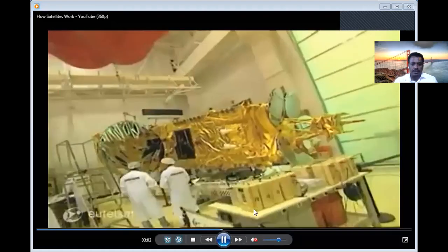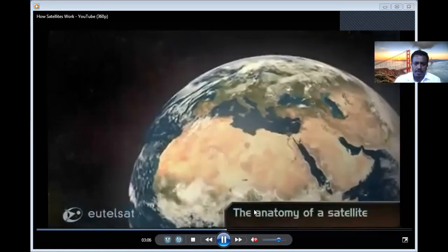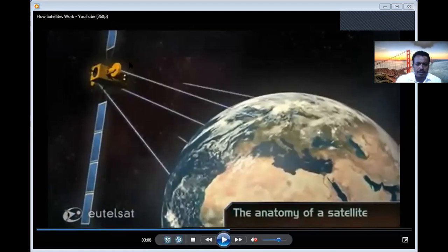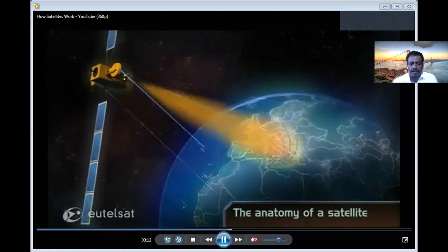So as you can see in this video, the equipment in space, what we call the space segment, consists of a structure called bus and a subsystem called payload. So transponder is one of the payloads we use in space.